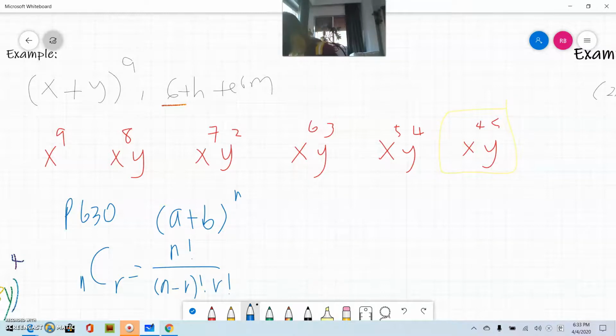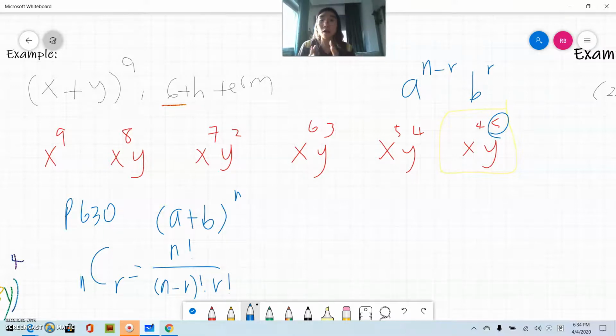So it always works like this: a^(n minus r) times b^r. So we are basing it off the power of the second term, not the first letter.